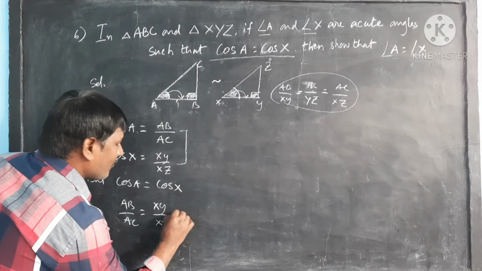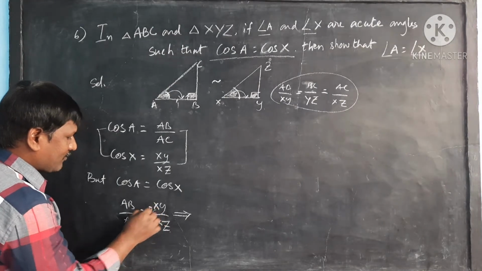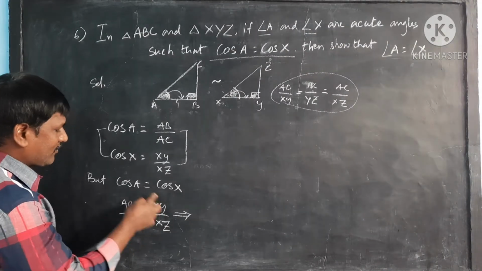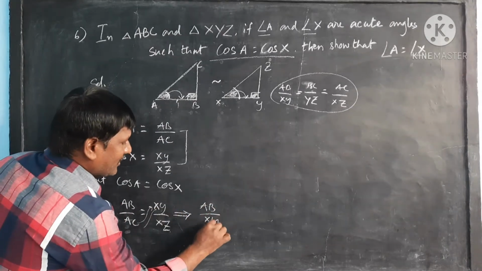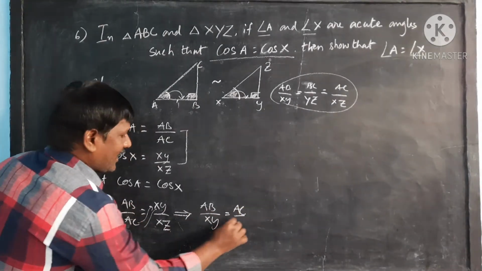Now you can write, which implies, transposing these two: XY comes here and AC is transferred to the right side. Then AB by XY is equal to AC by XZ.